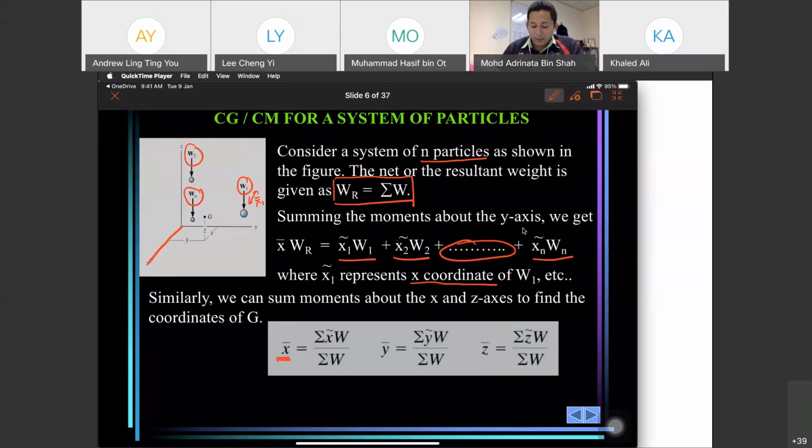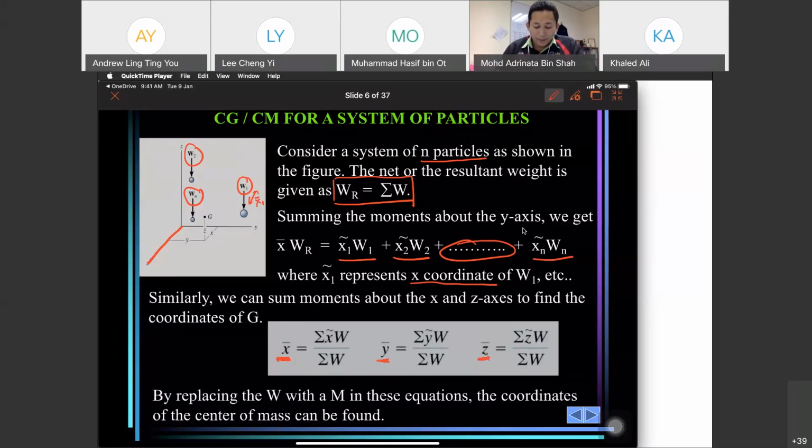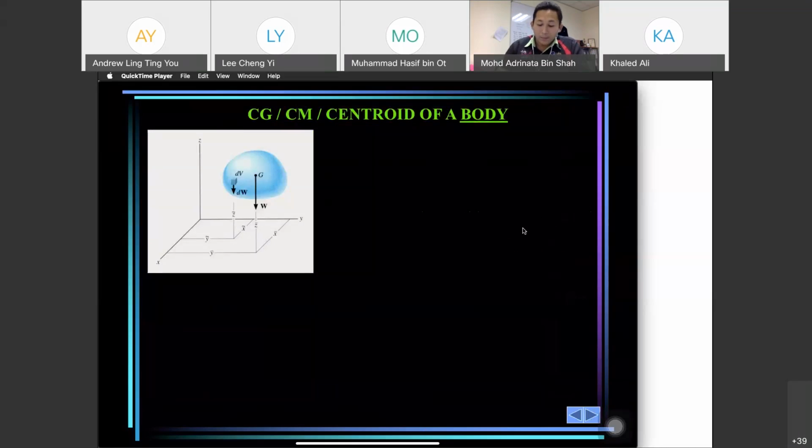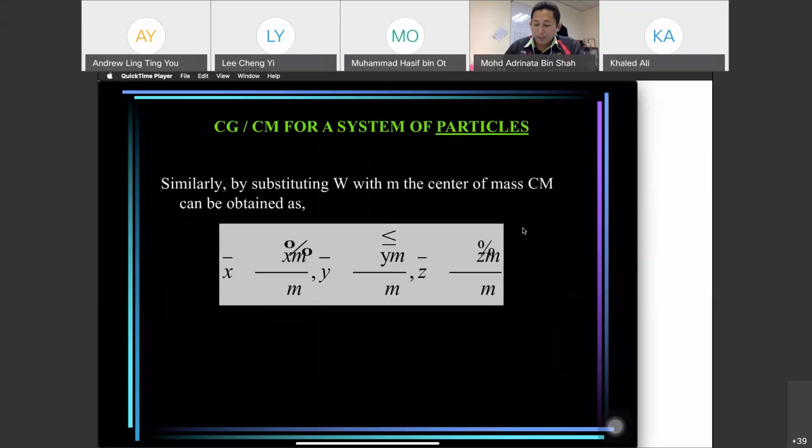It is the same method for y and also z. By replacing the w with m in this equation, the coordinates of the center of mass can be found. It's the same, mass over mass.